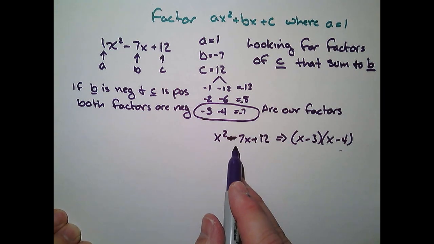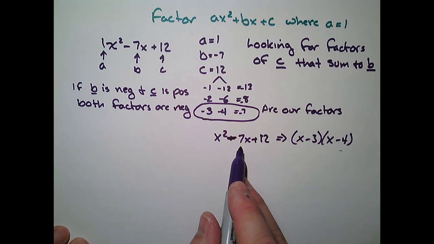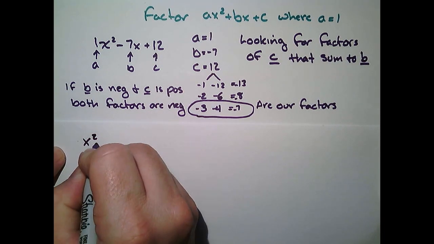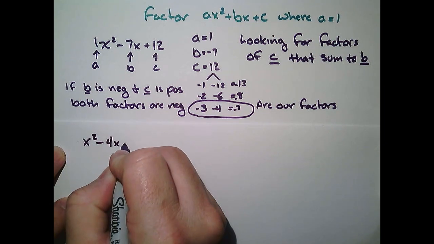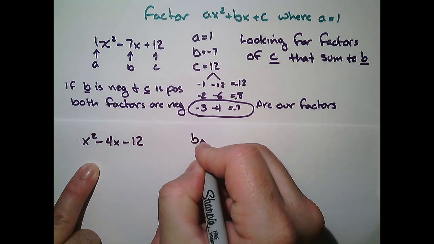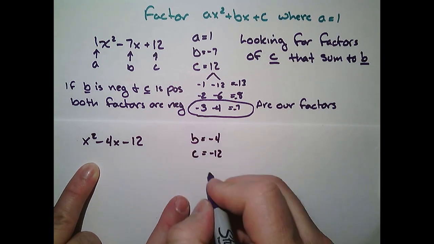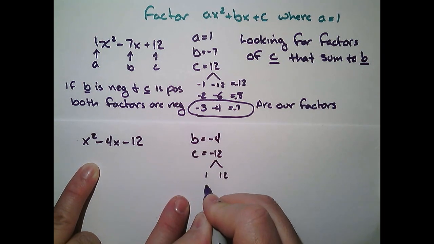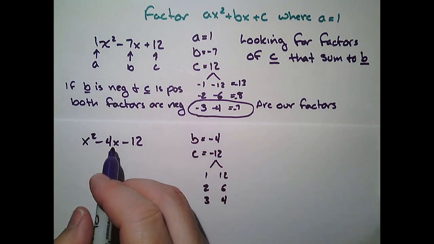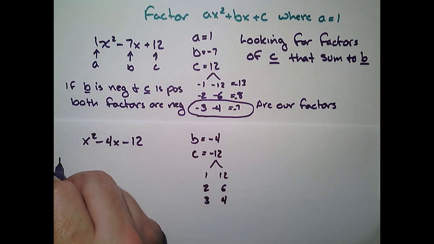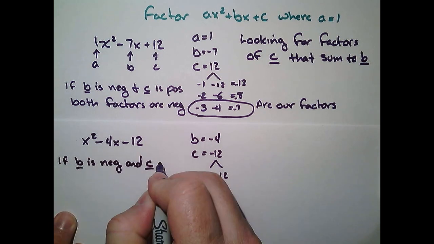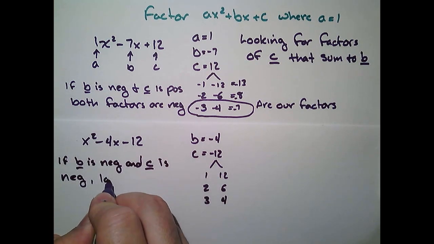So let's take a look at another example. Okay, so this time we're going to look at x squared minus 4x minus 12. So we're going to use our same factors again. This time we still have an a of 1, a b is negative 4, and our c is negative 12. We got 1 and 12, 2 and 6, 3 and 4. And again, we've got a problem. Now, if the b is negative and the c is negative, then the larger factor takes the sign of b.